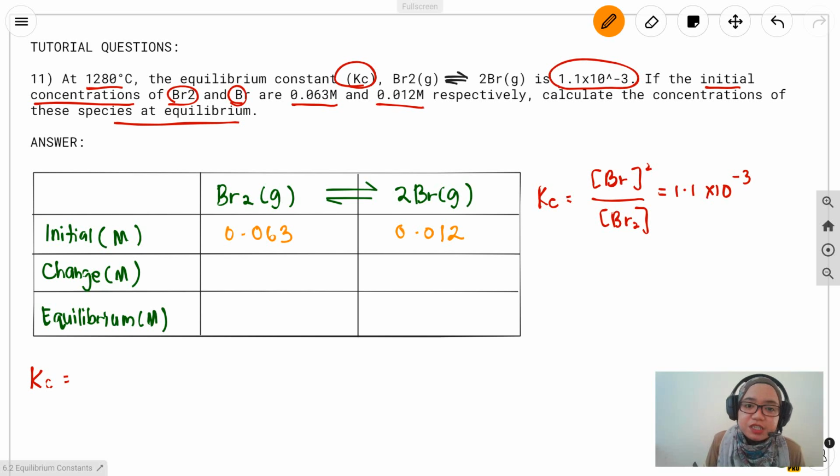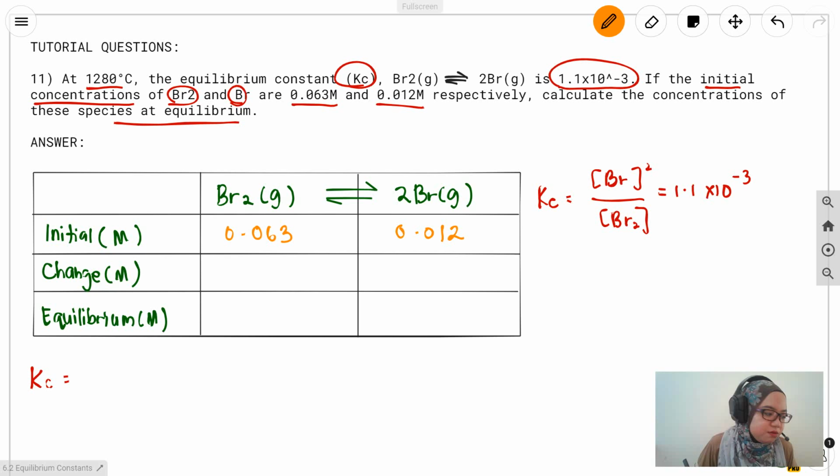But since the question gives you the initial concentration of Br as well, we need to put it, because there is an amount of Br before the reaction happens. So we just assume that. But usually if it doesn't give anything, we assume the product's initial is always 0.